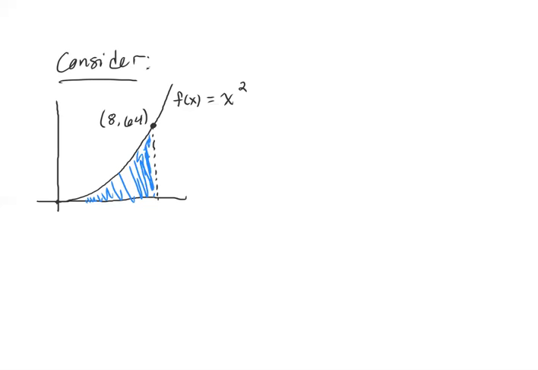Well, due to the fact that this is a curved line, it is not a straight line, I don't have a formula that allows me to do that. So I'll go ahead and write that down.